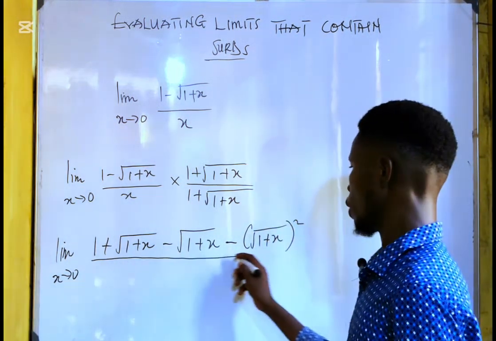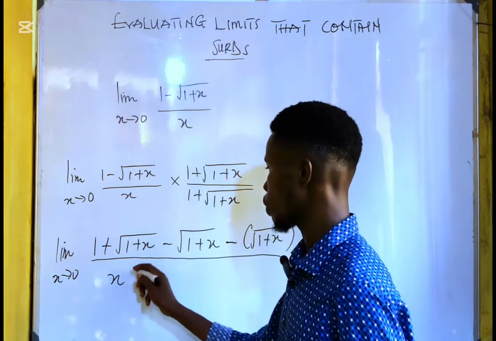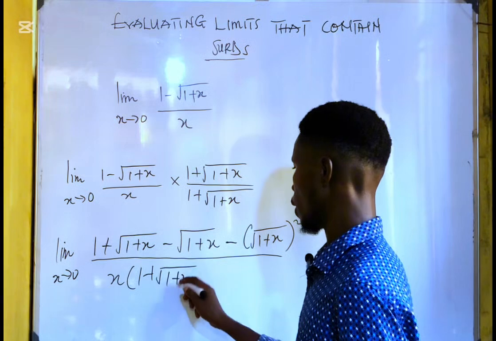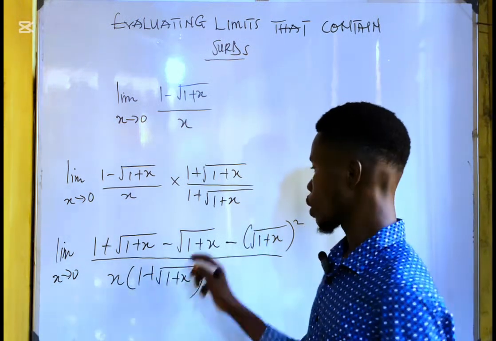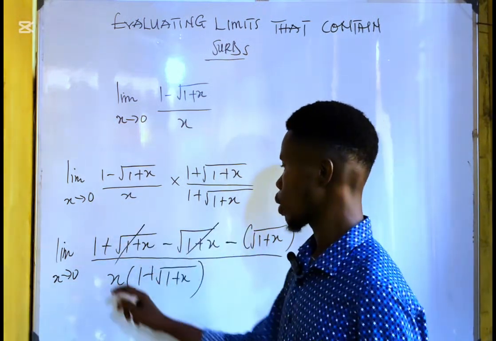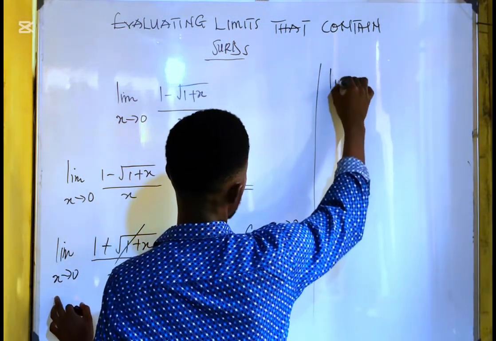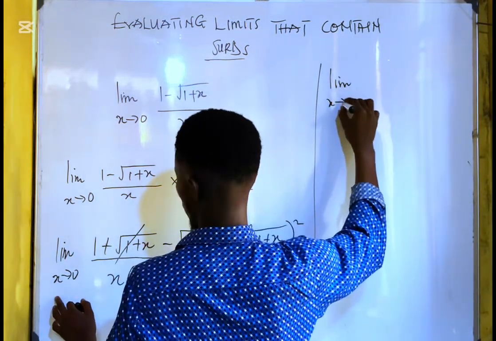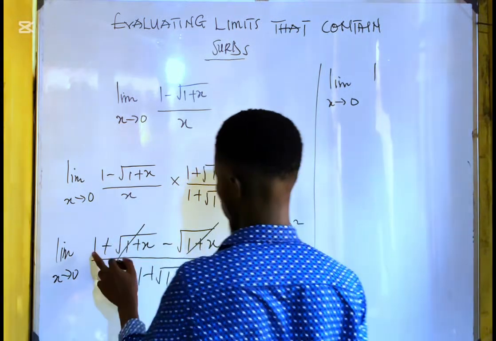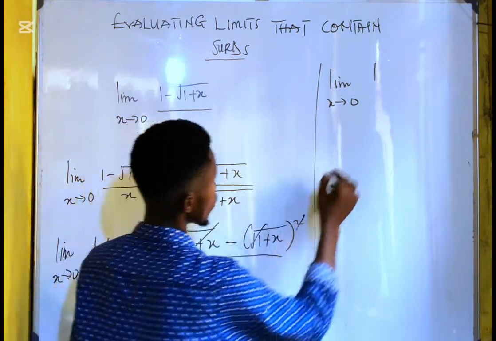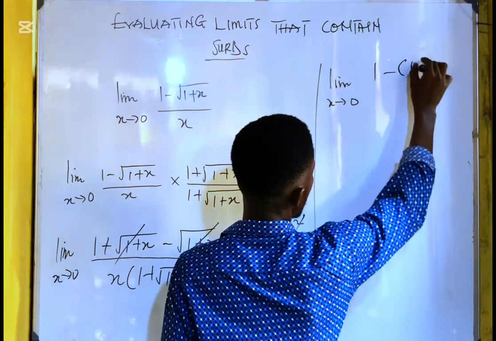And the whole of this is divided by x, bracket open, 1 plus square root of 1 plus x. Is that okay? You realize that this and that will cancel. So if these two cancel, what we have left is that the limit as x approaches 0 will be 1 minus, now this will cancel this, leaving 1 plus x.